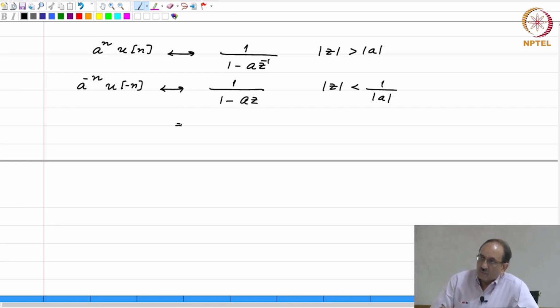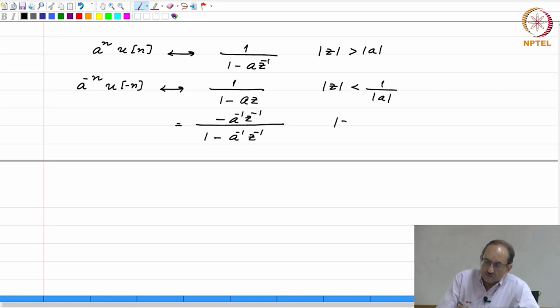Now, let us multiply numerator and denominator by minus a inverse z inverse. Therefore, this becomes minus a inverse z inverse over 1 minus a inverse z inverse. All I have done is multiplied numerator and denominator by minus a inverse z inverse. So, this is mod z less than 1 over mod a, which I have written as mod a inverse.